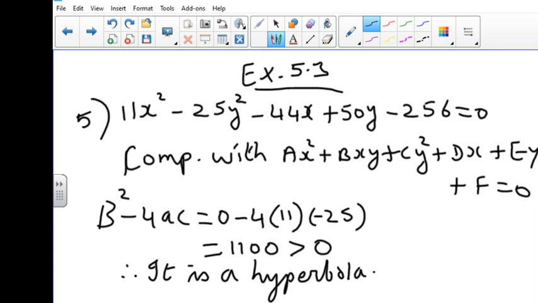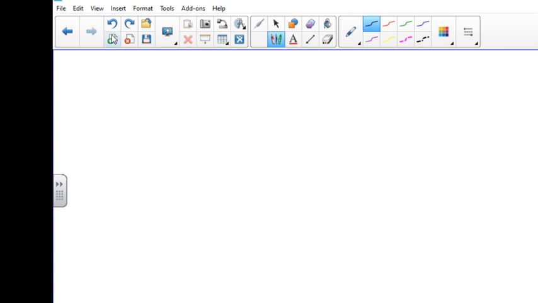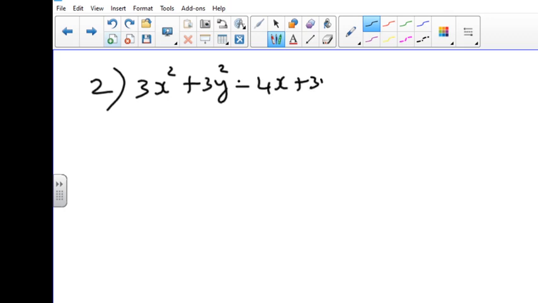Okay, then we'll see the second question. 3x square plus 3y square minus 4x plus 3y plus 10 is equal to 0.